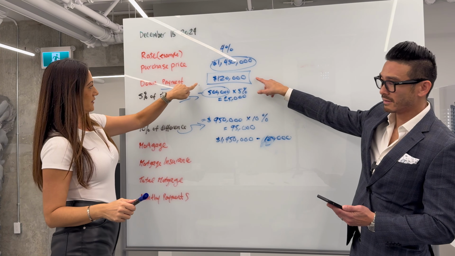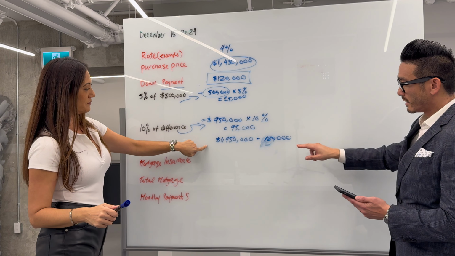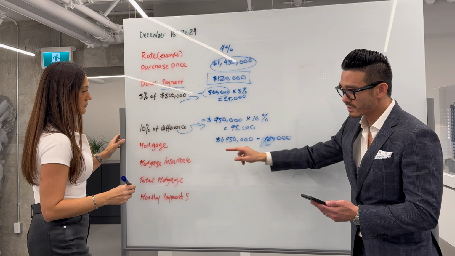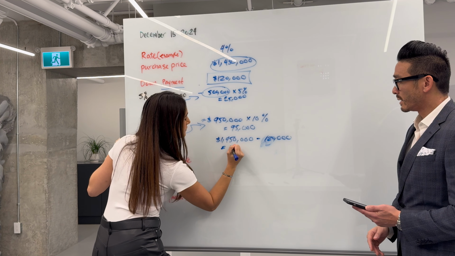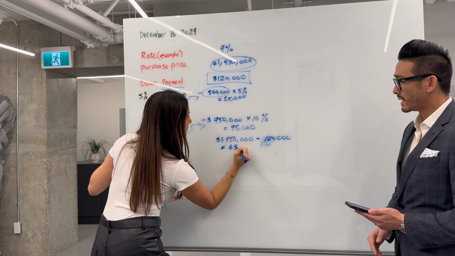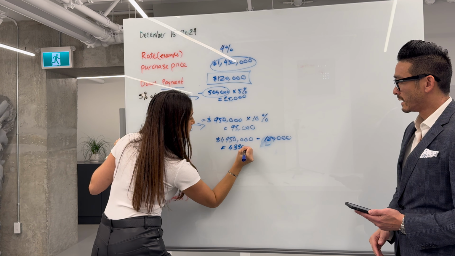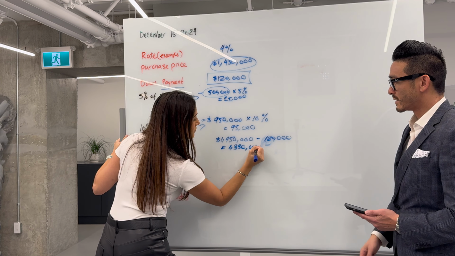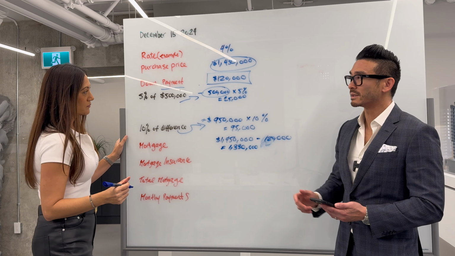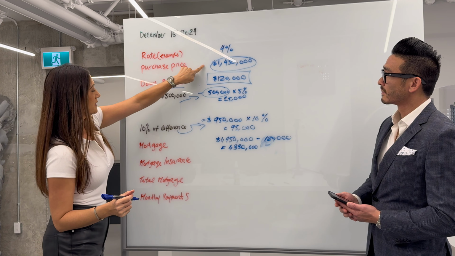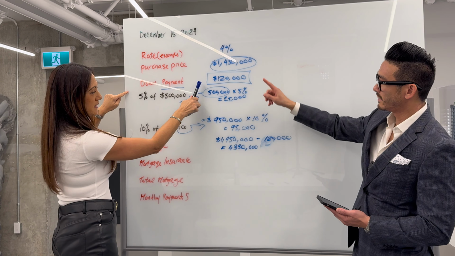So then your mortgage equals 1,330,000. Because we took purchase price minus our down payment equals that.